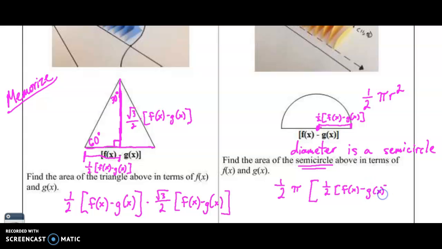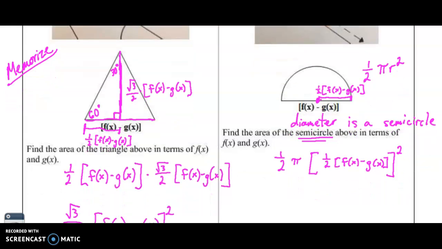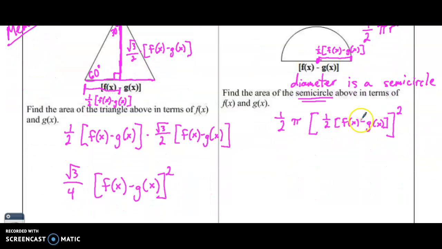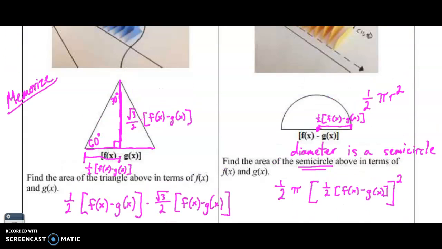I don't typically put brackets inside of brackets, but I am here. Squared. So what's important is that you realize that not only is the f of x minus g of x squared, but so is the 1/2. 1/2 squared is 1/4 times this 1/2 would be 1/8 pi times f of x minus g of x squared. And again, this is perpendicular to the x-axis.